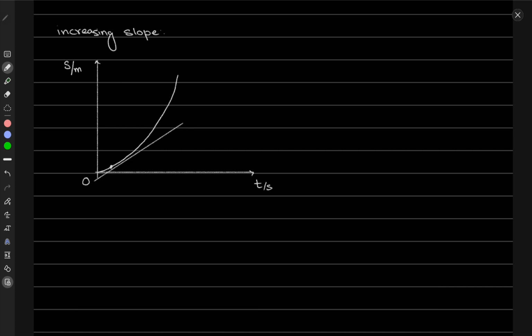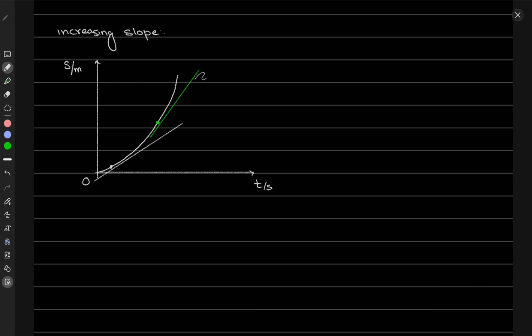Suppose I want the slope at this other point, then I'll draw a tangent line to this point, and it would be something like this. You can clearly see that this white line is less sloped to the horizontal axis compared to this green line. It has more slope. So what is really happening is, in this curve, as you move from the origin upwards on this curve, the slope is increasing.